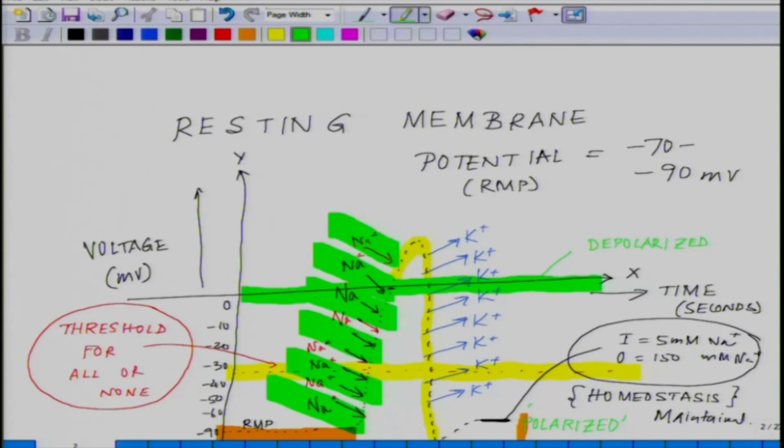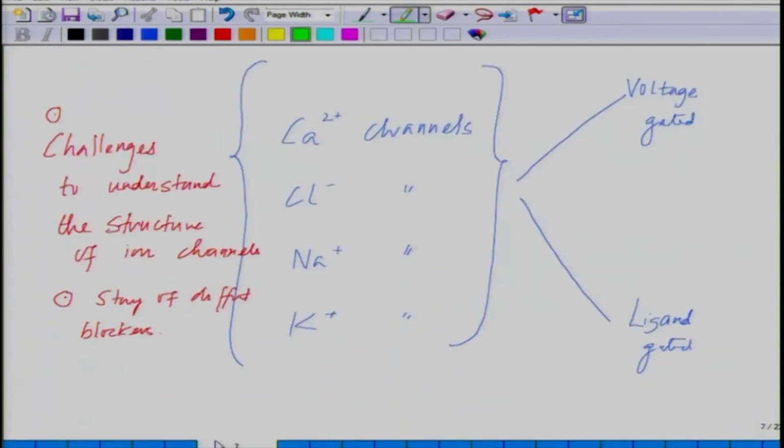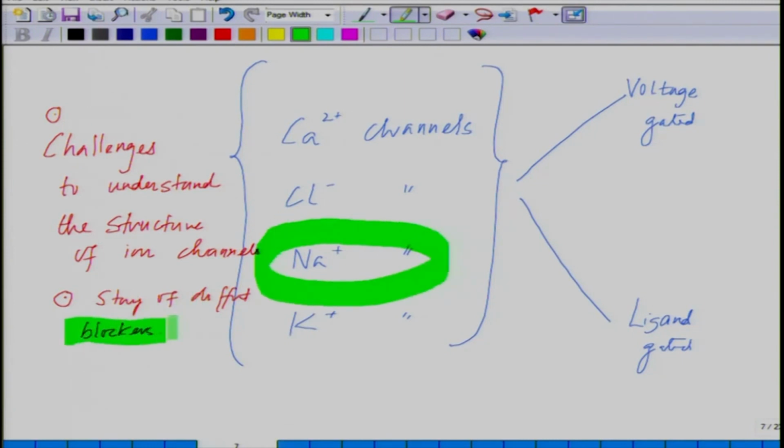That I can only prove if I have some way to block these sodium channels, and that is totally dependent on different kinds of blockers. In the same way, how could I prove that there are potassium channels? I will need the blockers to justify my claim that yes, indeed there are potassium channels. And on top of that, this field is also very much dependent on the advancement of electronics.